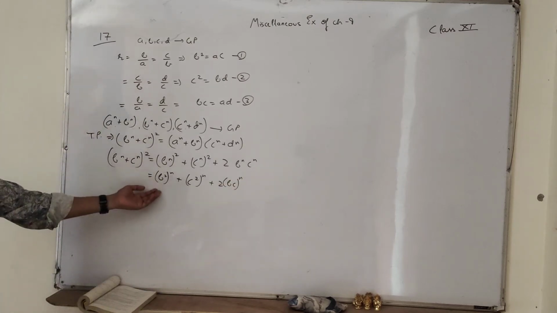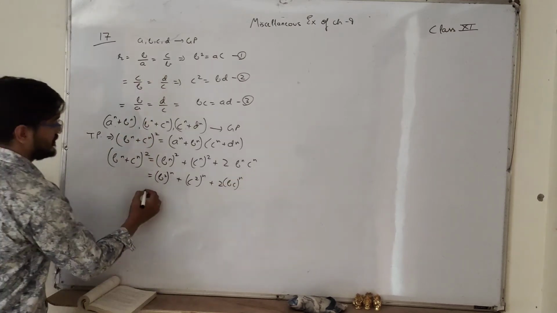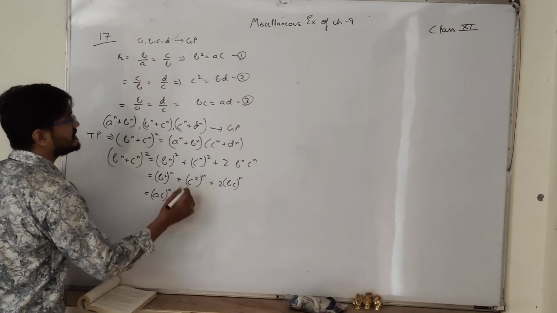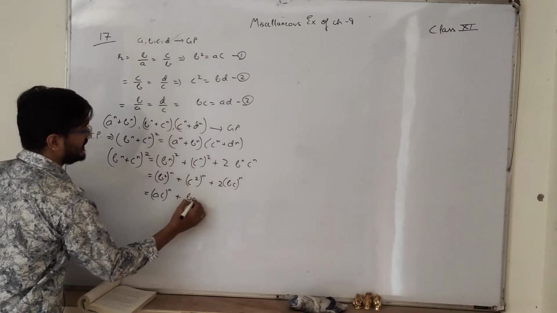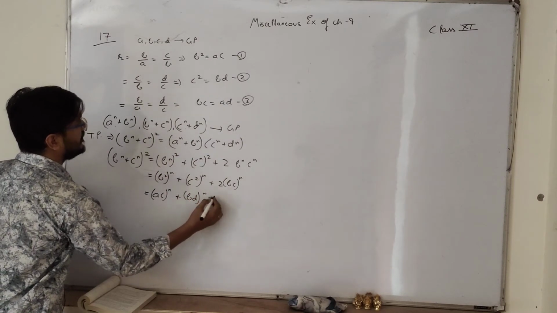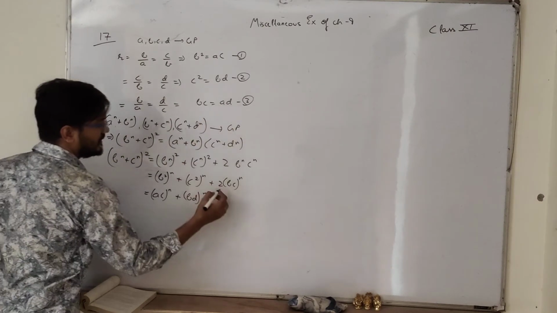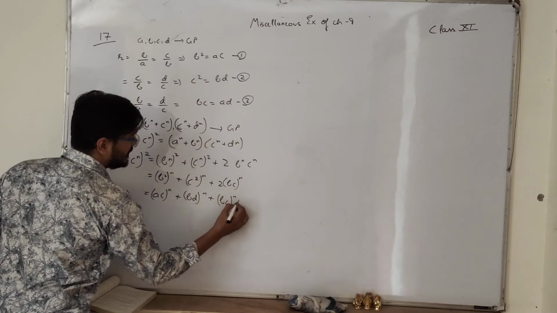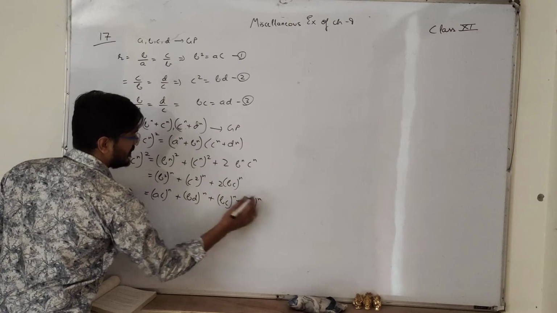So we can simply say b square is ac, so ac raised to the power n, plus c square is bd, whole power n, plus bc is ad, so this can be written as bc raised to the power n plus bc raised to the power n.